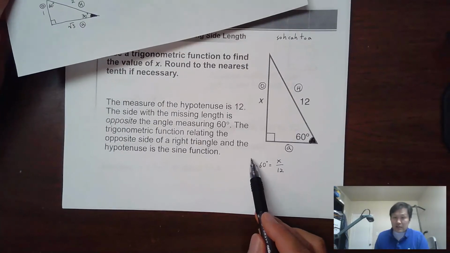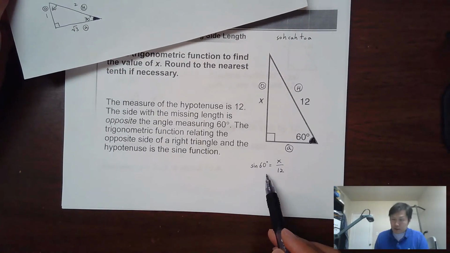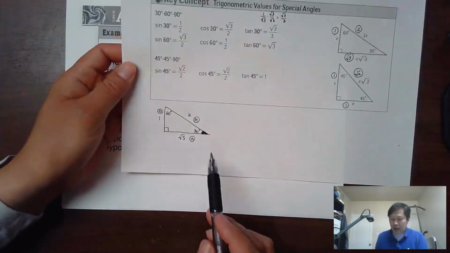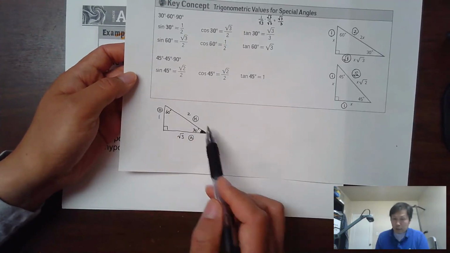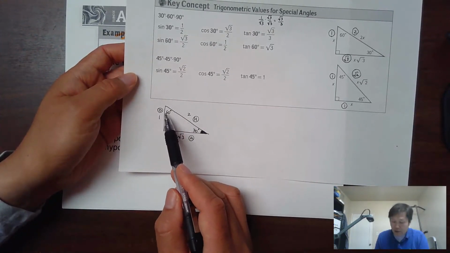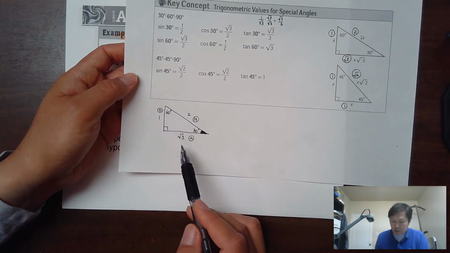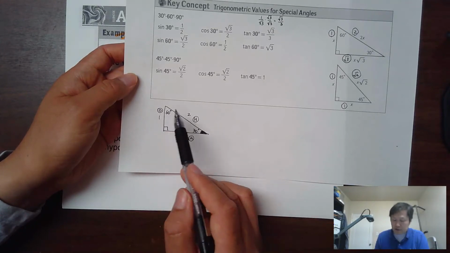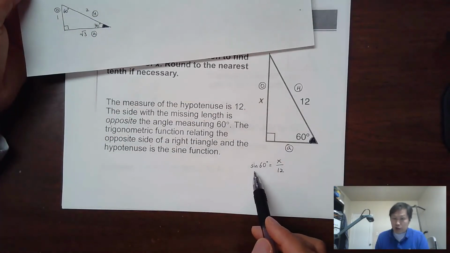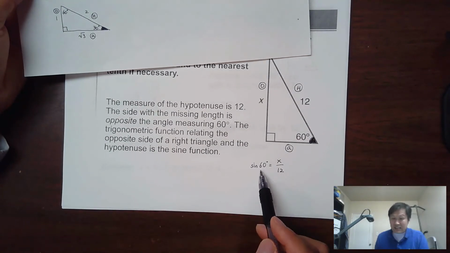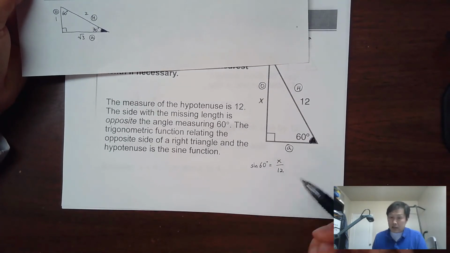We are looking for sine 60 degrees, so you will have to draw a triangle like this, with 60 degrees as the angle of interest, and label opposite, adjacent, hypotenuse. You will need to calculate the value of sine 60 degrees without referring to anything.